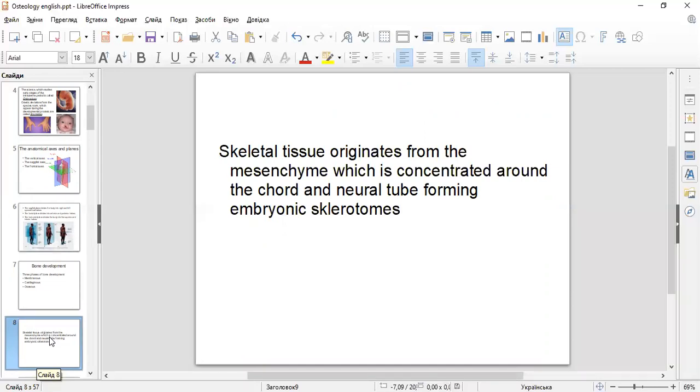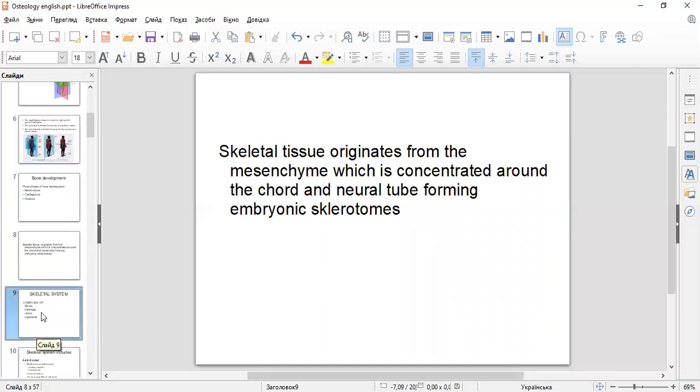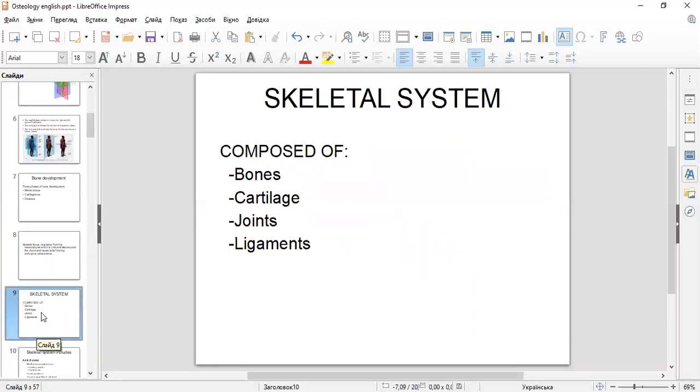Skeletal tissue originates from the mesenchyme, which is concentrated around the cord and neural tube, forming the embryonic skeleton. The skeletal system is composed of bones, cartilage, joints, and ligaments.